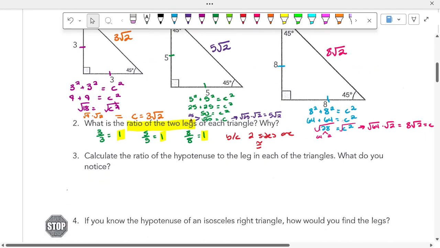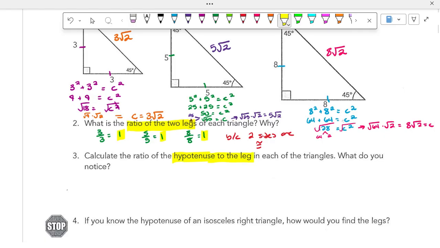Now, let's calculate the hypotenuse to the leg. So we're going to do hypotenuse over leg. So for the first triangle, what's the length of the hypotenuse? 3 square root 2 over what? 3. So if I simplify that, what goes away? The 3's go away. What am I left with? Square root of 2. What about for the second one? How would I set it up?